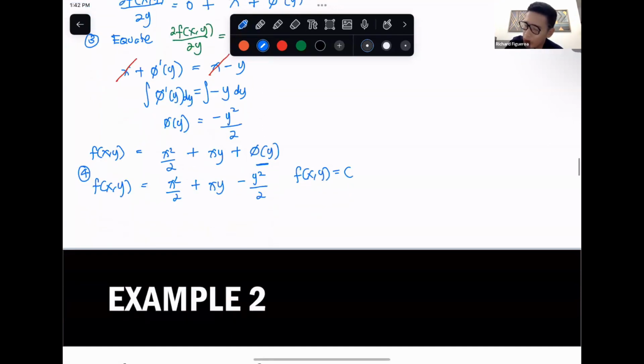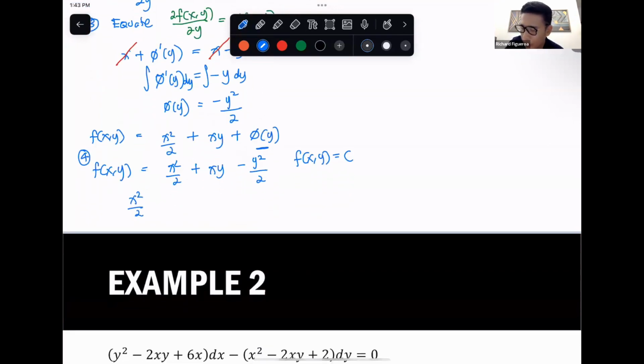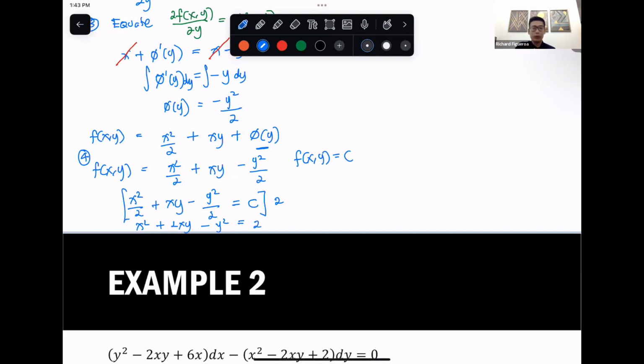So the general solution will be x squared all over 2 plus xy minus y squared all over 2 is equals to c. So ang gusto natin, we can multiply everything by 2. So this one will become x squared plus 2xy minus y squared is equals to 2c.